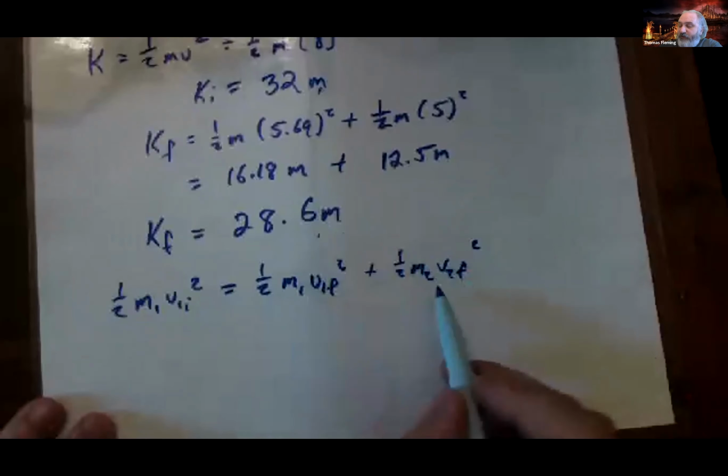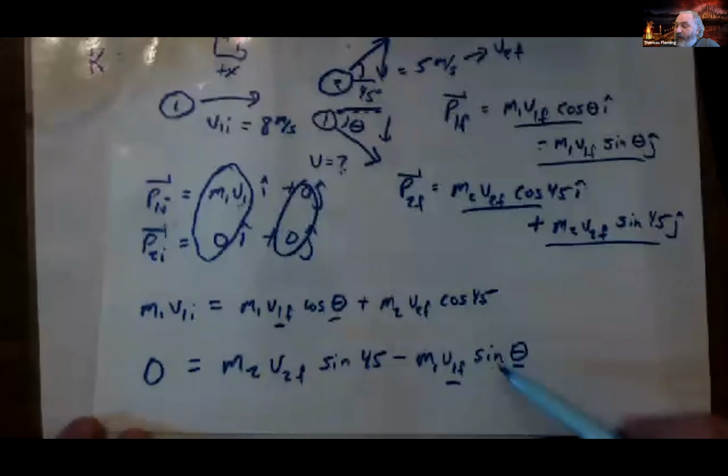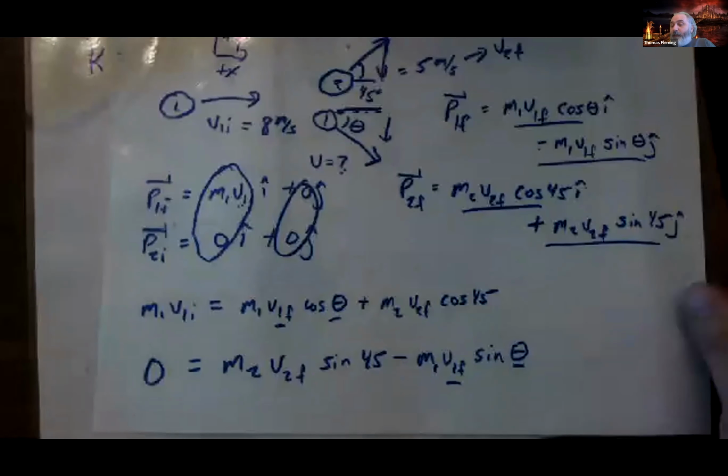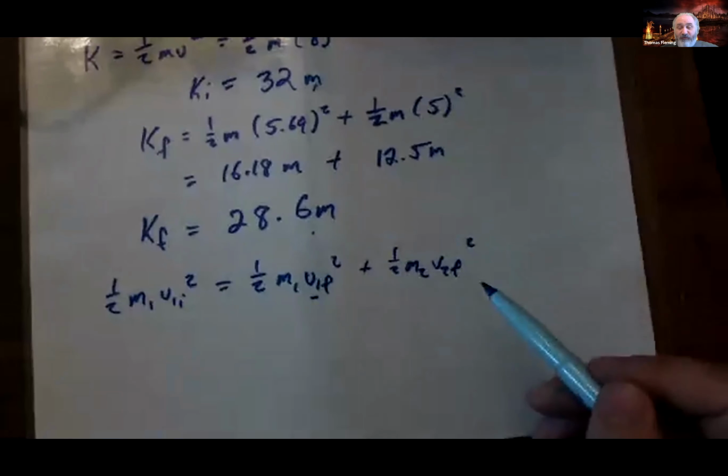So these are the kinetic energies of the two balls after the crash. If this had for sure been an elastic collision, we would have had to have a different answer, because we would have had to make these equations true at the same time that this equation was true. We would have had 3 equations.